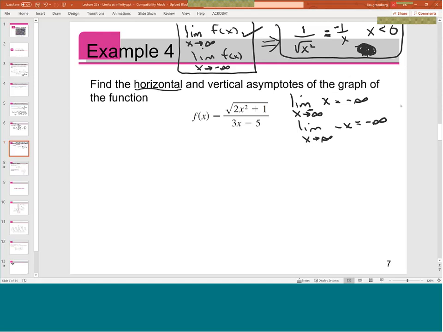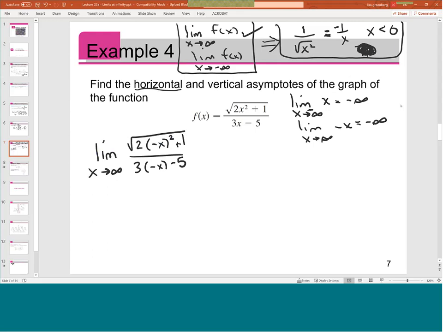I can say that the limit as x approaches infinity of the square root of 2 times negative x squared plus 1 over 3 times negative x minus 5. Notice what I did is I plugged in negative x for every x.